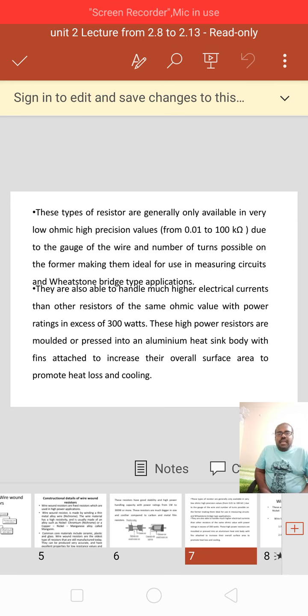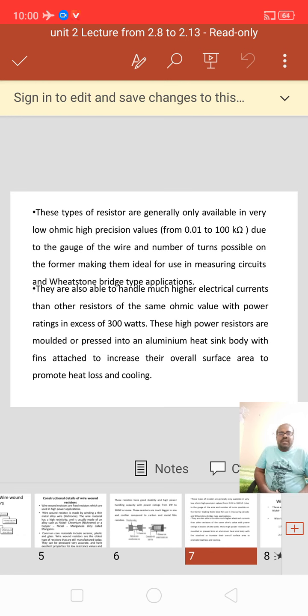We already learned that it handles high power applications. Generally, high power means high current also.